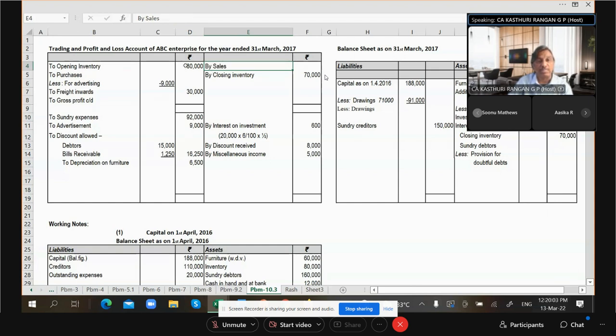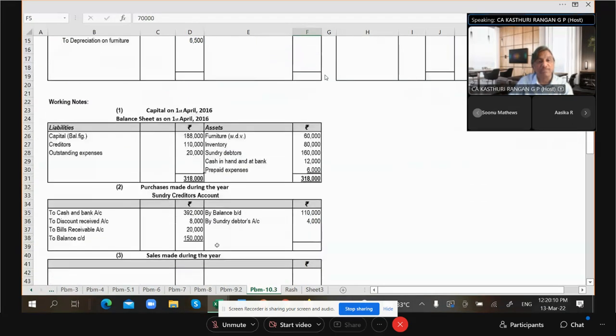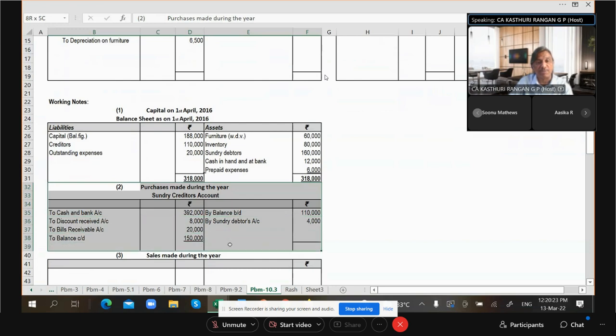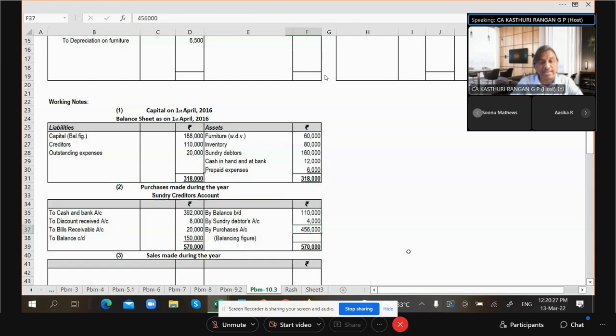In this problem, opening stock is there, closing stock is there. Purchase can be found out from the creditors account as a balancing figure, because opening balance, closing balance, payments, everything is given.